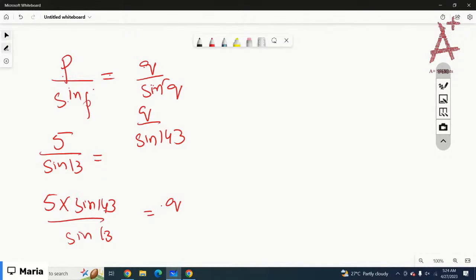Okay, so sine 143 is 0 point, and multiply by 5. So it would be negative 0.0871, and sine 13 is 0.2249.